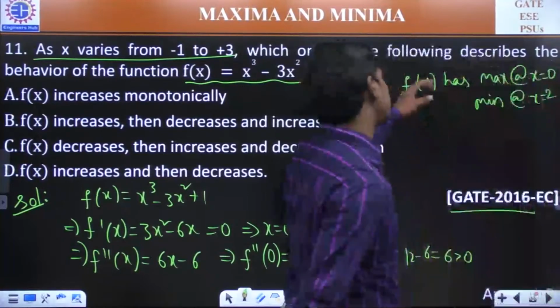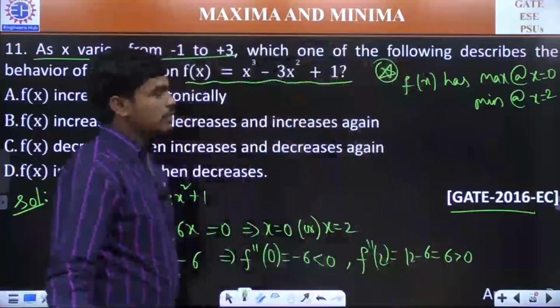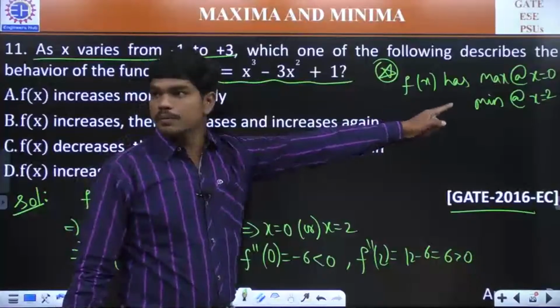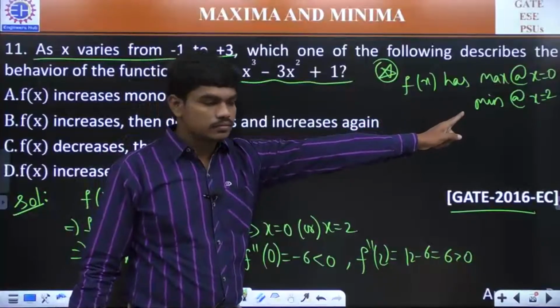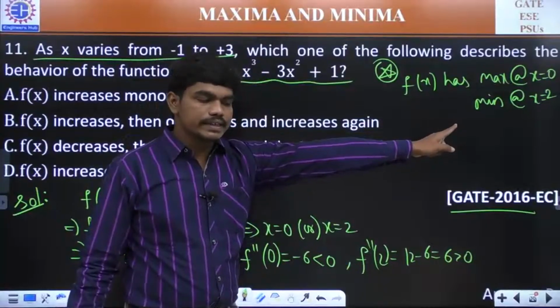Can you tell these 2 points? Can you summarize this from the second derivative test? Please say yes or no. All of you, please respond.